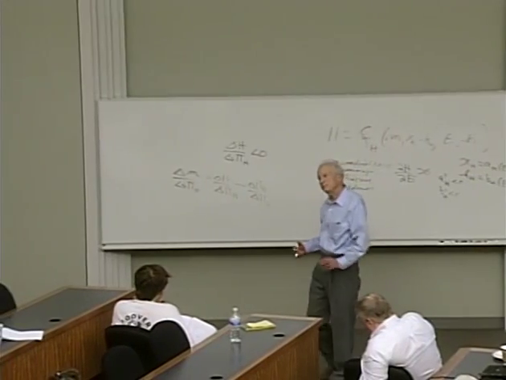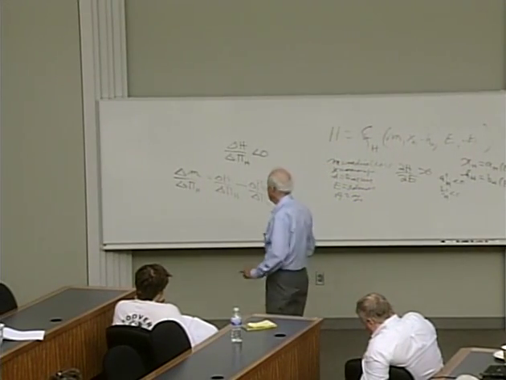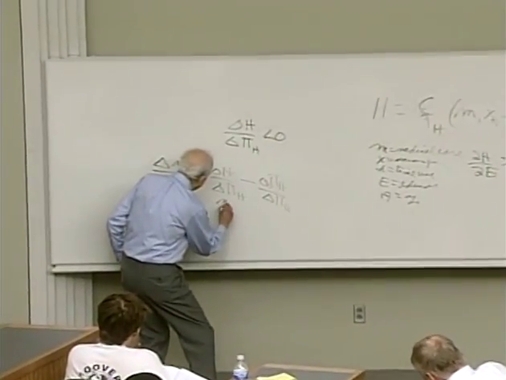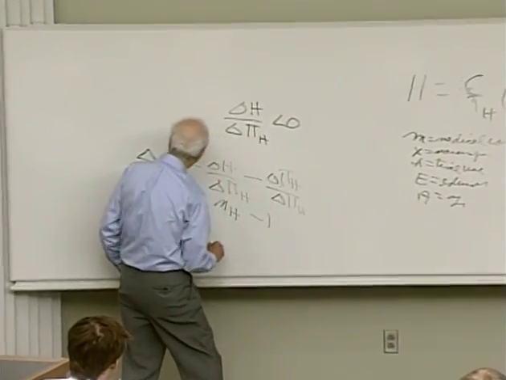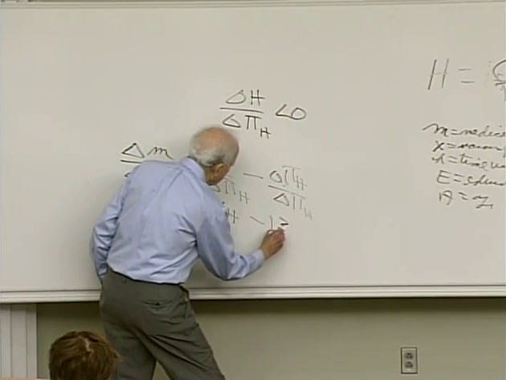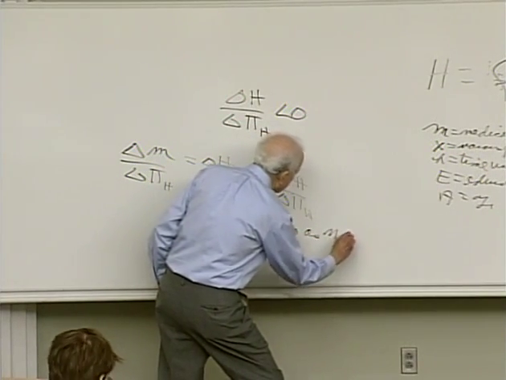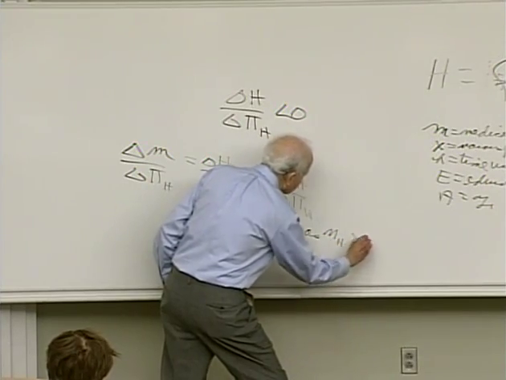So the 10% decline in price means a 10% improvement in productivity. So let's call this beta health. This is minus 1. So this thing is greater than or less than 0 as N_H is greater than or less than 1.